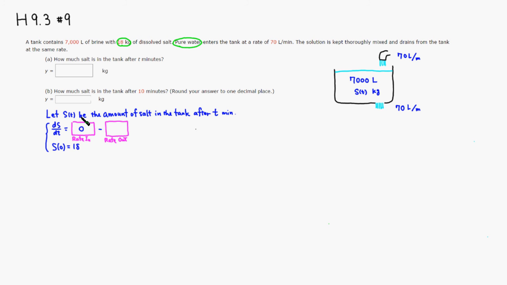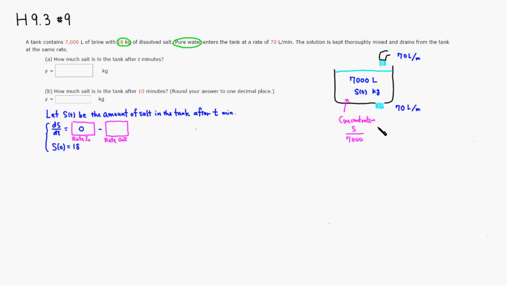All right, since we keep on stirring the solution, the concentration at time t would be S kilograms of salt over the amount of solution, which is always 7,000 because the rate in and rate out are exactly the same.